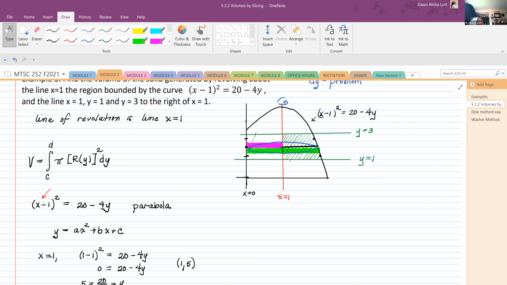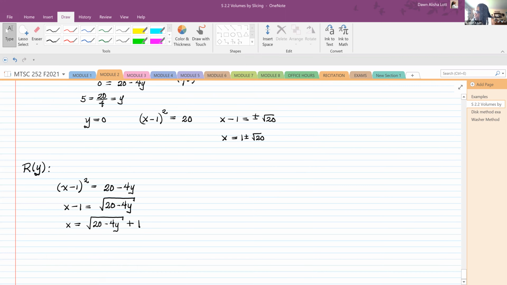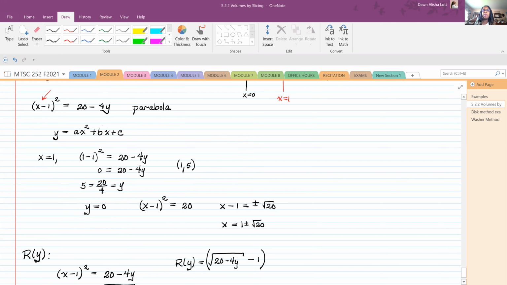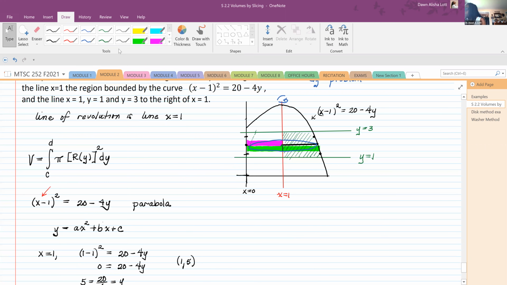So therefore, this distance is this formula, and now I can find my radius. So R of Y says take the square root of 20 minus 4Y, minus 1. That's this curve.